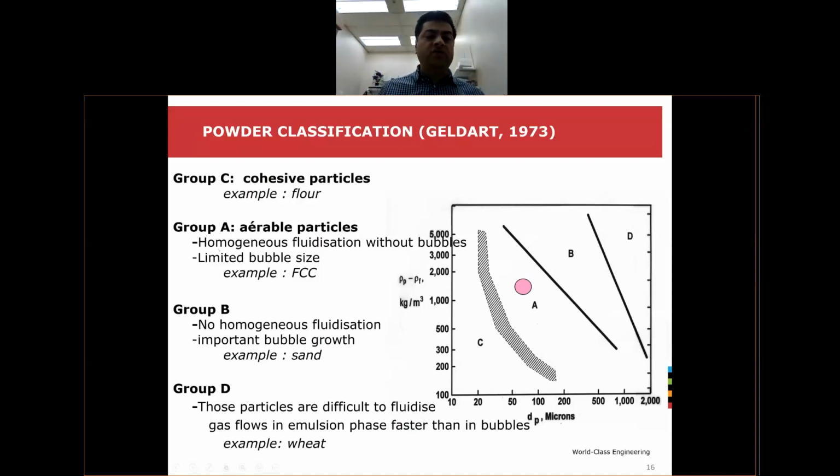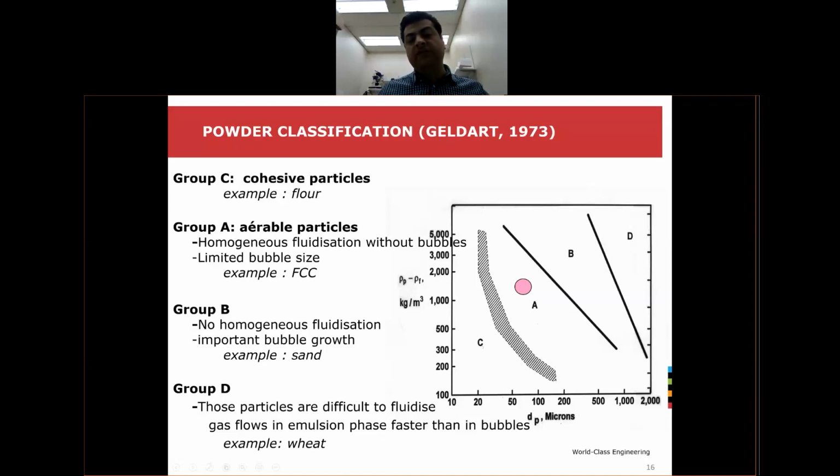And group A and group B are usually powders that are used in conventional fluidized reactors, and their particle size is usually something between 50 micron to 1 millimeter roughly. But of course nowadays there are fluidized bed reactors designed for fluidizing even cohesive particles, group C Geldart particles.